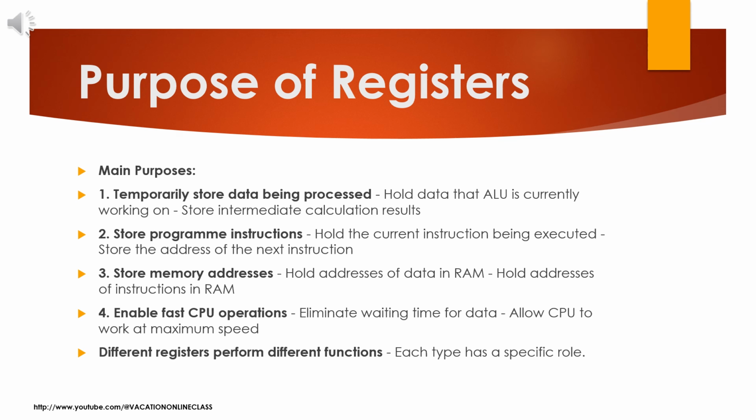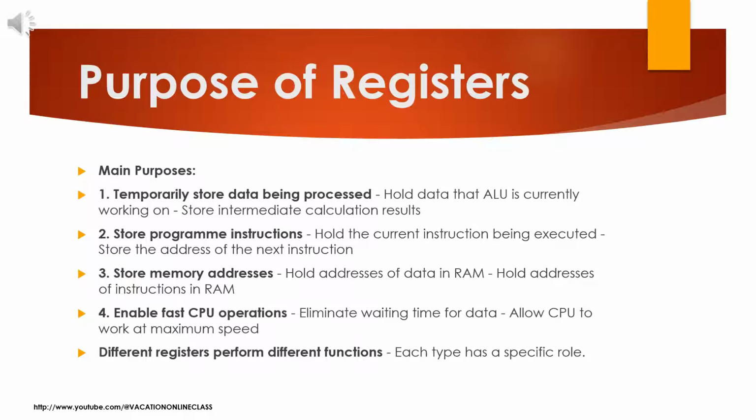Third, they store memory addresses. Registers act like a GPS for the CPU, holding the specific addresses or locations in the RAM where the next pieces of data or instructions can be found.